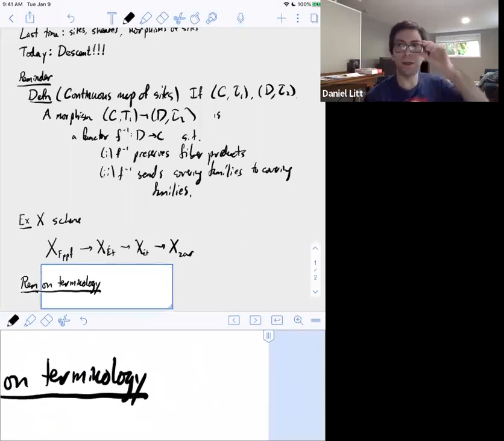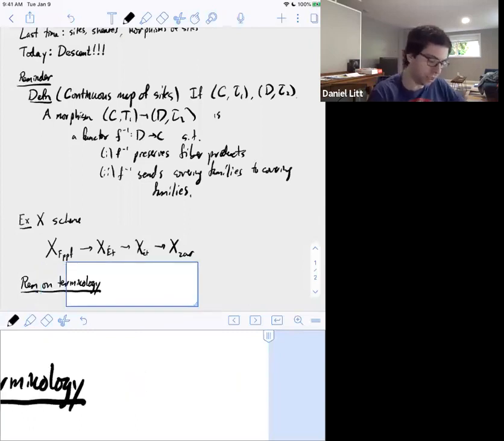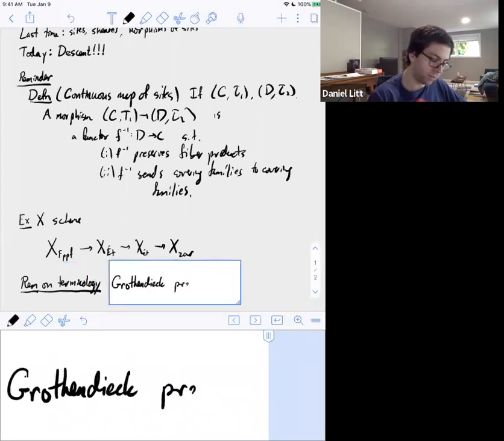So first of all, there are several different conventions about what a site or a Grothendieck topology is in the literature. I just want to remark that what we've been calling a site or a Grothendieck topology is sometimes called a Grothendieck pre-topology.